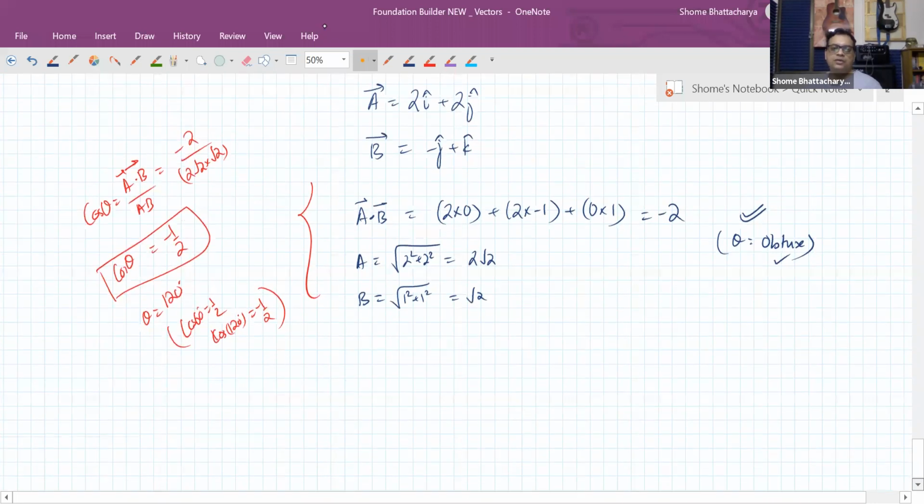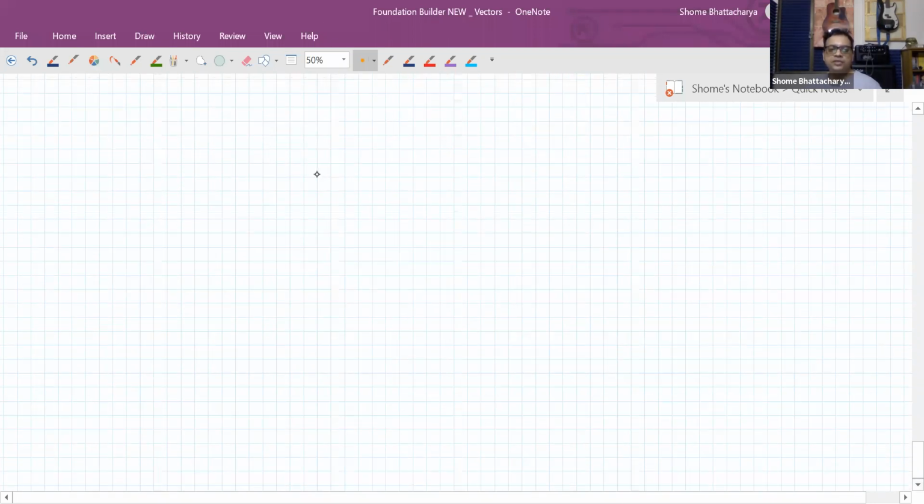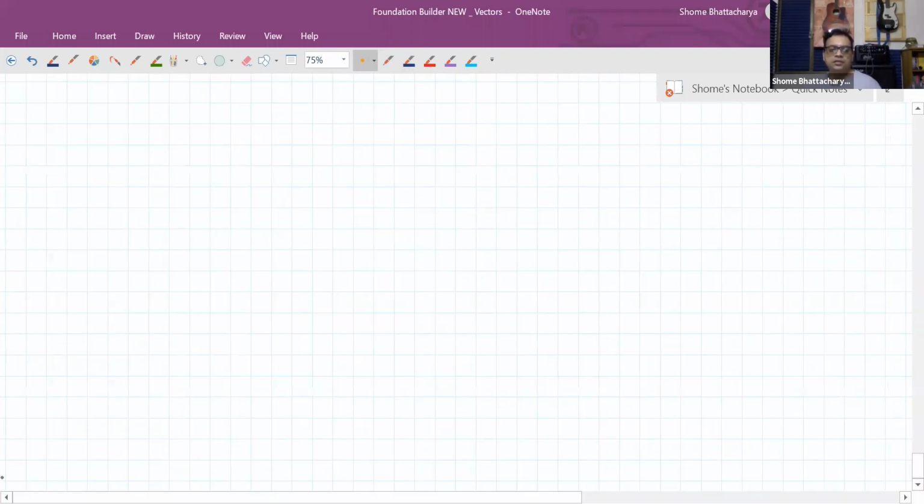Okay. Now the last thing for today we'll understand is another property of three dimensional vectors, but that we'll understand through the concept of cos theta that we just saw.